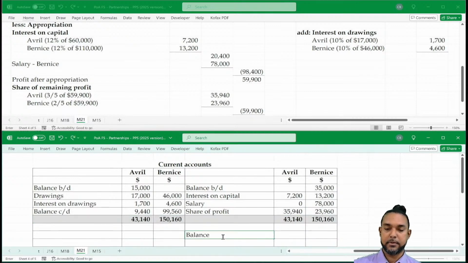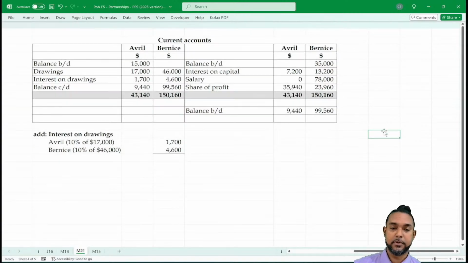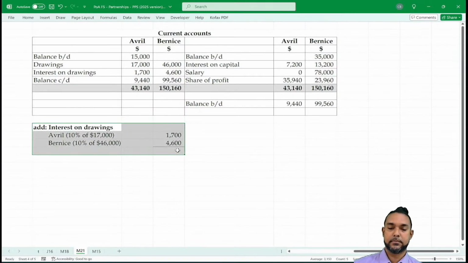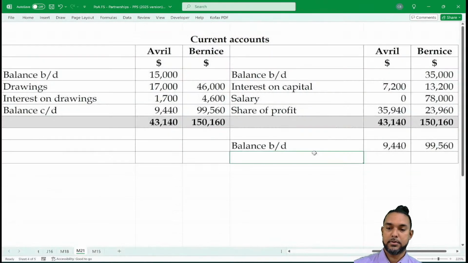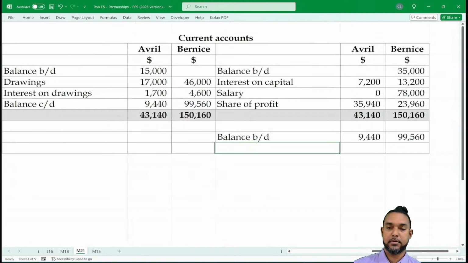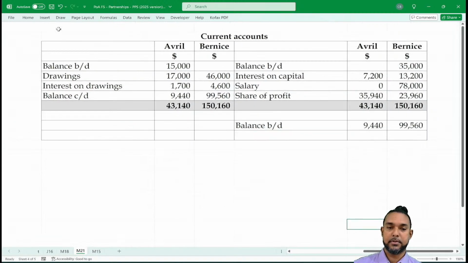And both balances come down here. Balance brought down: 9,440 and 99,500. Those are big differences. Okay, that's a little too much.